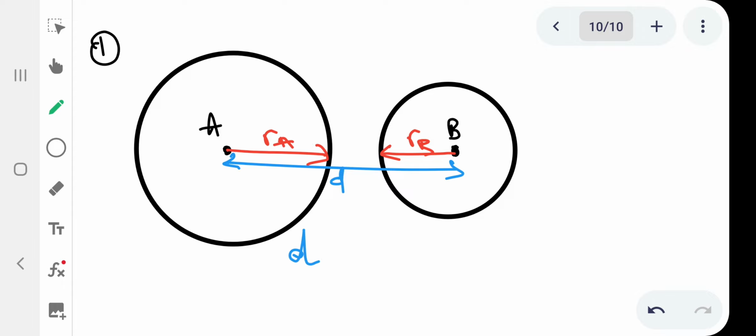So the distance between these centers is bigger than the summation of the two radii. Therefore there is no intersection. So if they say prove whether these circles intersect or not, we check the distance between the centers and we check the summation of the radii of the two circles.